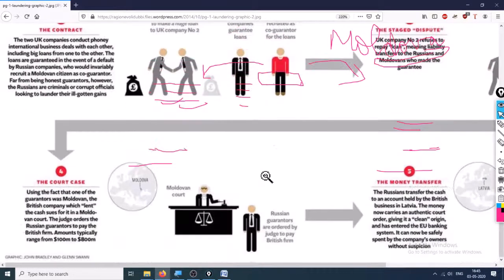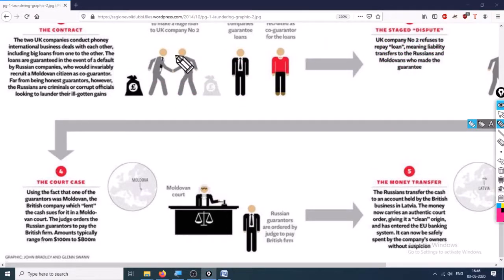Everyone knows the courts in Russia are much stricter, so they did not go to the country of the main guarantor, they went to the country of the co-guarantor, Moldova. Using the fact that one of the guarantors was Moldovan, the British company which lent the cash sued in the Moldovan court.